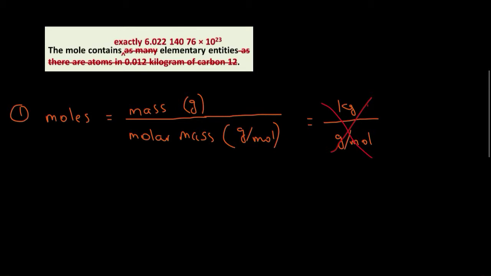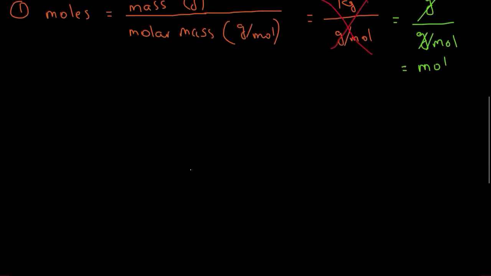So what you need is the mass to be in grams, and the molar mass is always in grams per mole in the periodic table. So the grams would cancel out, and from simple mathematics, the denominator of the denominator is going to become the numerator. So the unit then becomes moles.